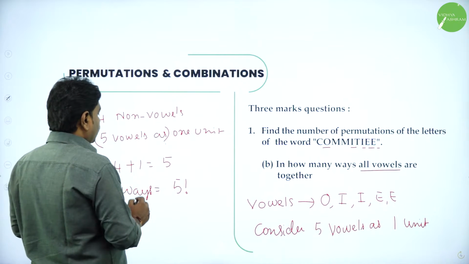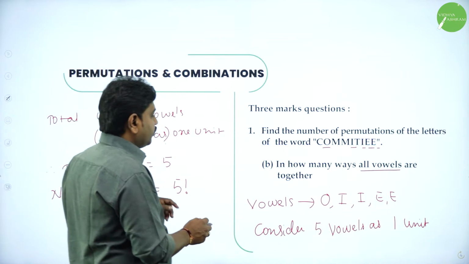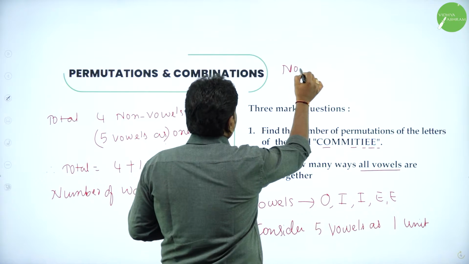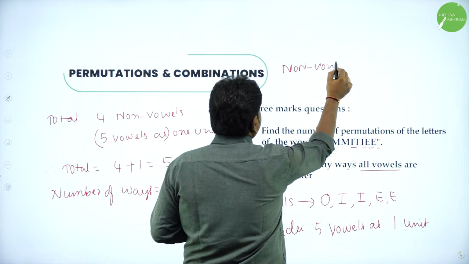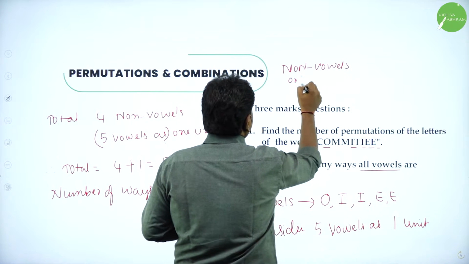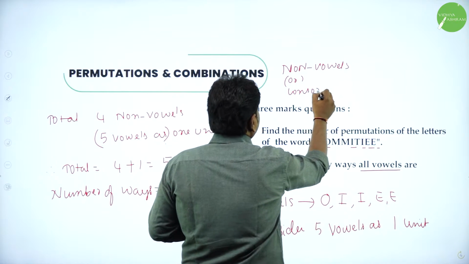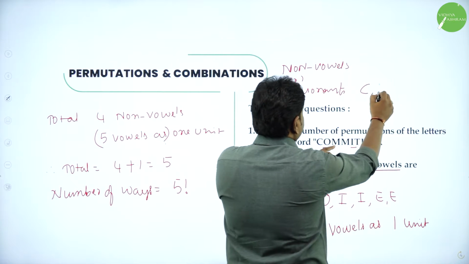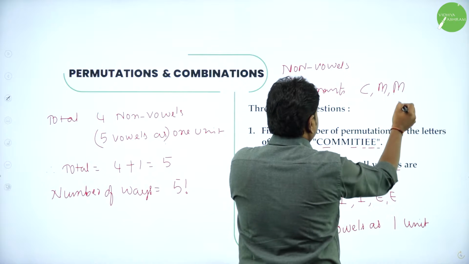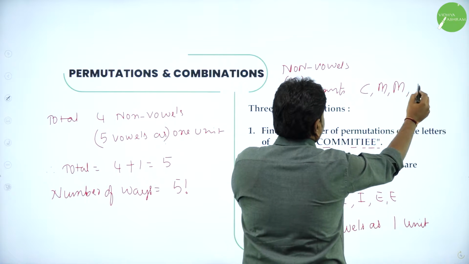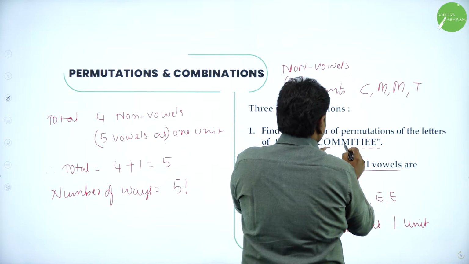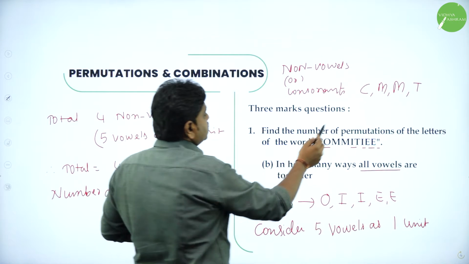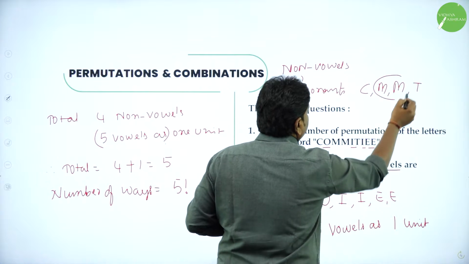But in that 4 non-vowels, what are the non-vowels? Non-vowels are consonants. What are the consonants we have? C is a consonant, M is a consonant, again M is a consonant, and T is a consonant. C, M, T. So now in these non-vowels I have 2 letters repeated.